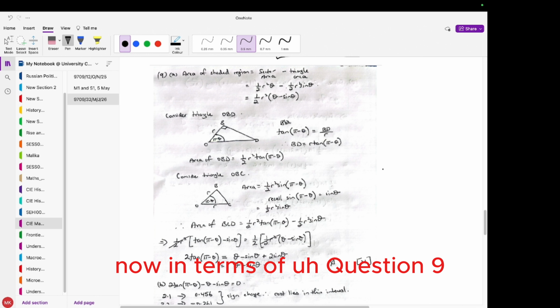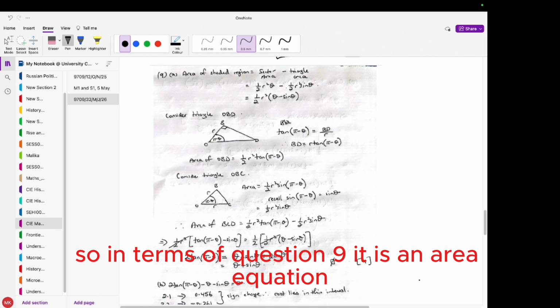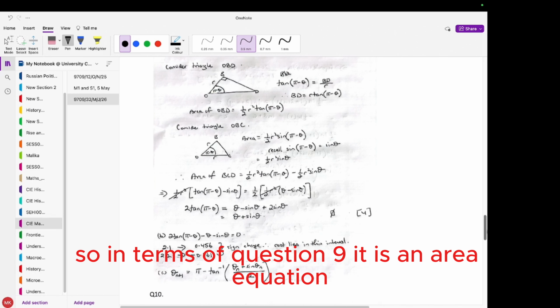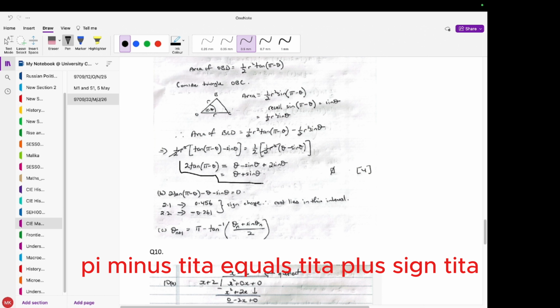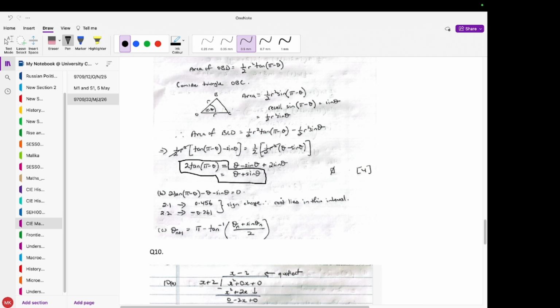Now, in terms of question 9, it is an area equation. So we have 2 tan pi minus theta equals theta plus sine theta.